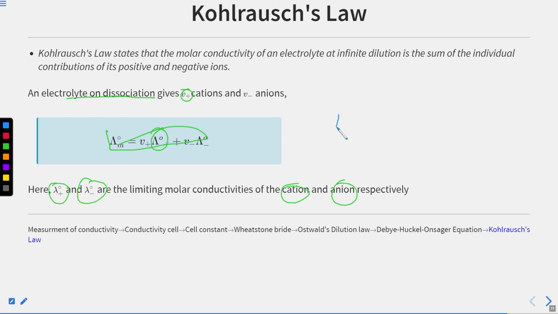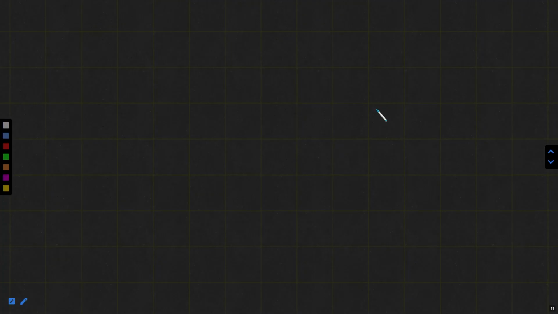Suppose I am just doing some exercise for you. Lambda naught NaCl can be written as lambda naught Na plus plus lambda naught Cl minus. Another example, H2SO4.